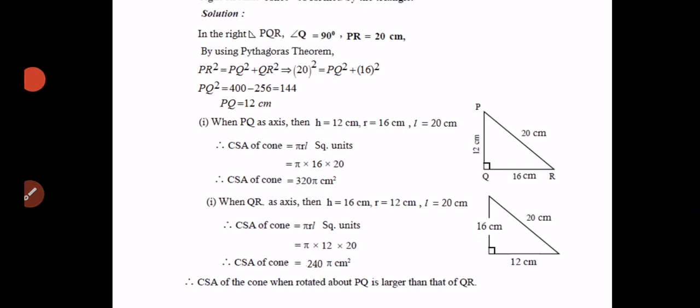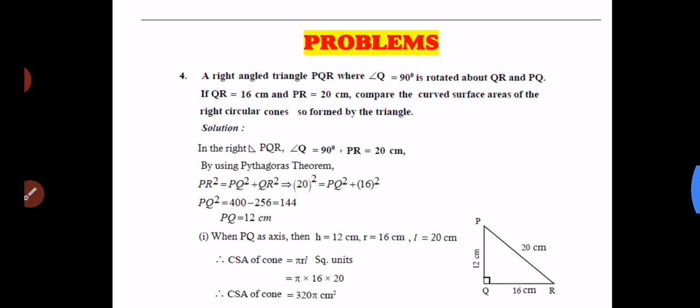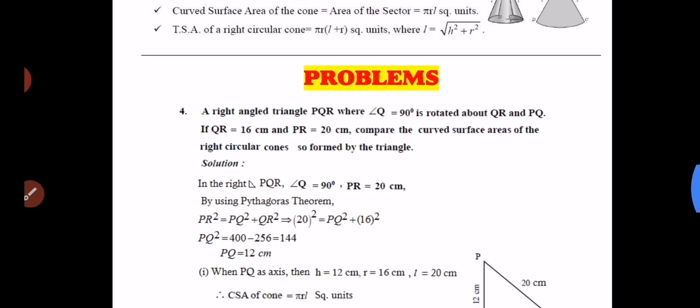Then we find the curved surface area of the two types of cones: the first one 320 pi centimeter square, the second one 240 pi centimeter square. In the sum they asked which one is larger. So which CSA is larger? That rotated about the side PQ is larger than that of QR. So do you understand the first sum?